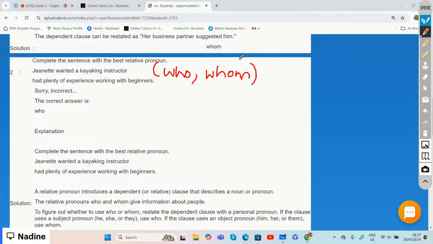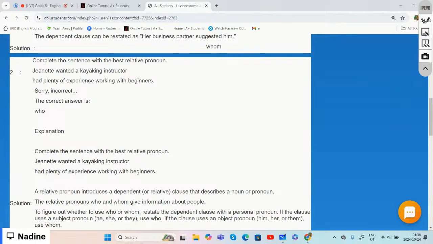All right. And if we were to choose the correct option, then yes, we will say Janet wanted a kayaking instructor who had plenty of experience working with beginners. So well done. Who is correct?